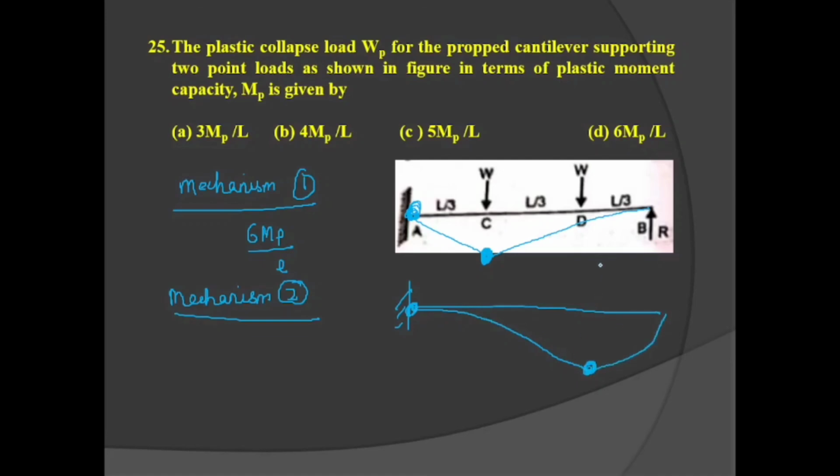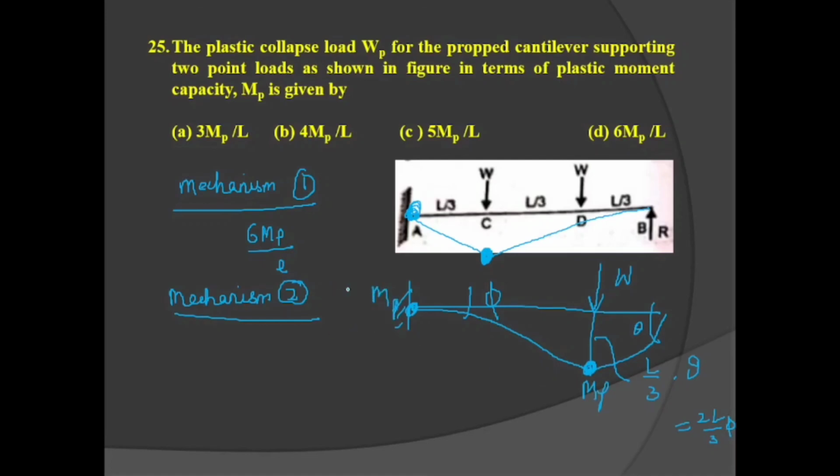So for this condition, W is there, and this deflection is equal to L by 3 into theta. Let us suppose that this is theta and this is our phi value. And this is also equal to 2L by 3 into phi. Yes or no? So from here you can calculate MP values there.